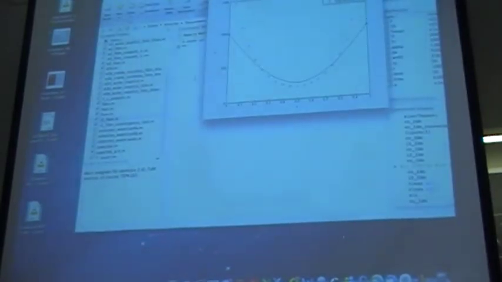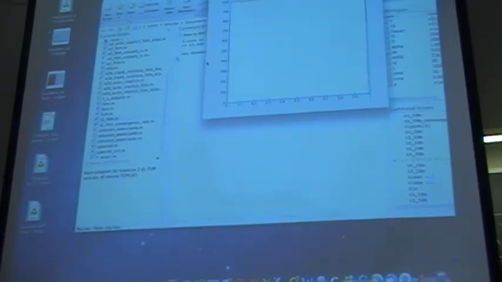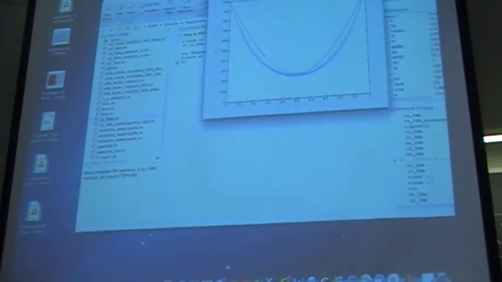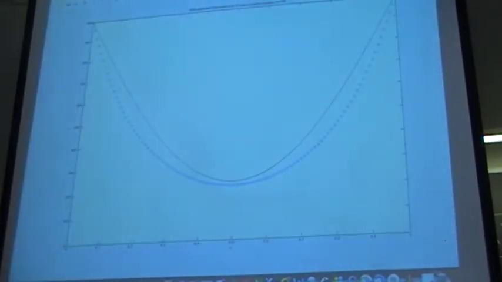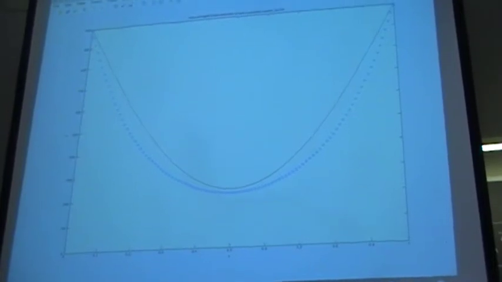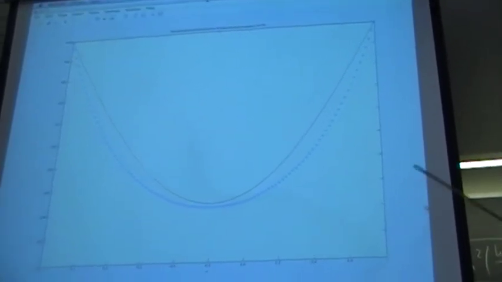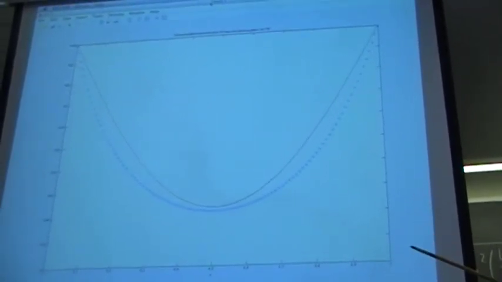So for the corresponding values for the implicit Euler method, I give here some more information that is not important here. The important thing is, the red line is the exact solution at that time, and the circles are the numerical solution with the implicit Euler method.